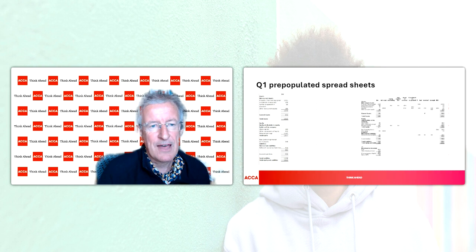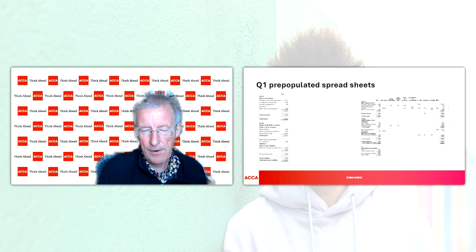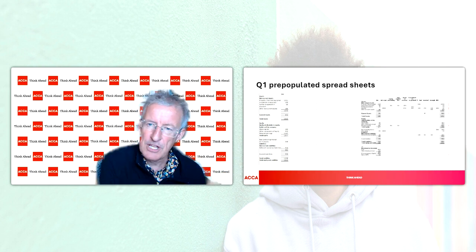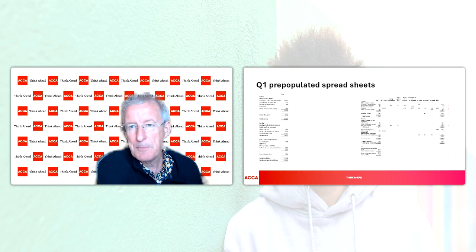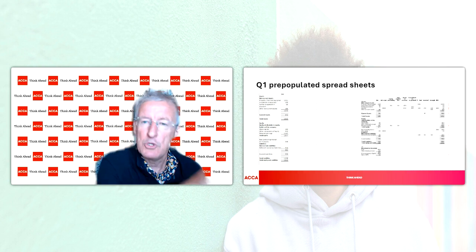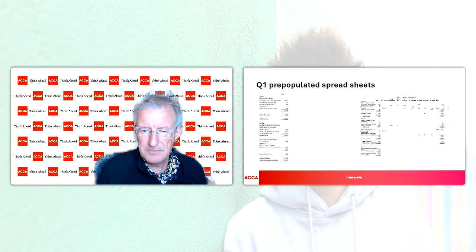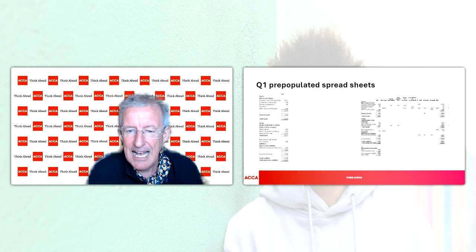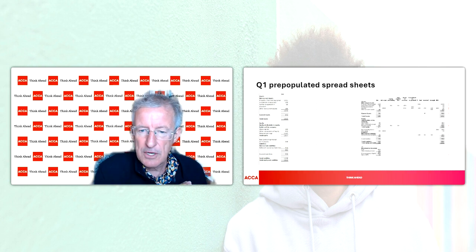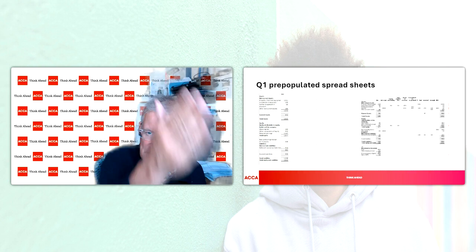So let me show you what that actually looks like. On the left, you've got the question. And remember, the pre-populated spreadsheet is part of the response area. That's what you can manipulate. You won't be able to manipulate the exhibit, but you will be able to manipulate the response area. Hasnell, correct. You just enter the adjustments in the columns.